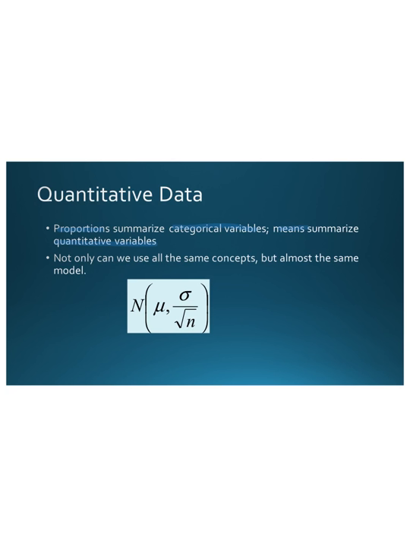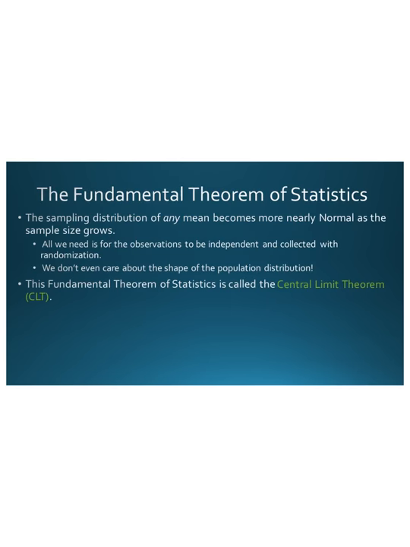So this mu is obviously the mean. This sigma over the square root of n is our sample standard deviation. Slightly different terminology for the formulas, but once we find the sample mean and sample standard deviation, everything else is exactly the same as it was last semester.